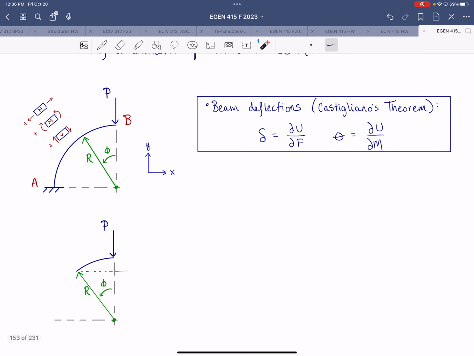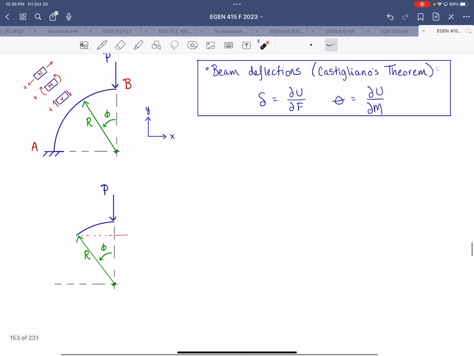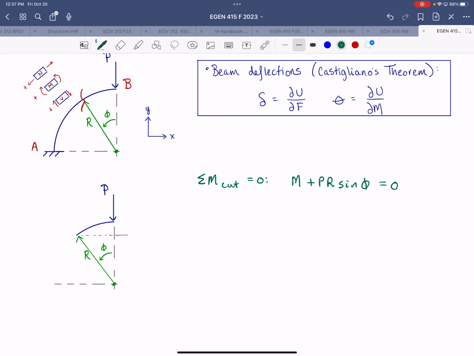All right, so to start off, we'll just take a cut through this circular beam. Looking at the right side of that cut, summing moments, we'll get an expression for our moment equation. So the moment plus PR sine phi is equal to 0.